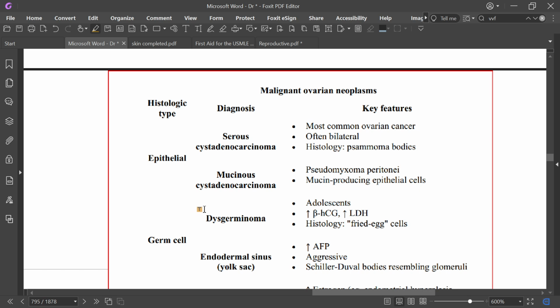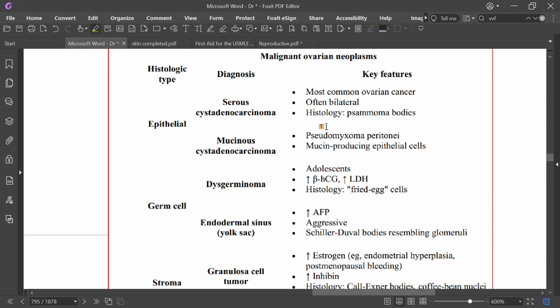Serous cystadenocarcinoma is the most common ovarian cancer, bilateral, with psammoma bodies. Mucinous cystadenocarcinoma causes pseudomyxoma peritonei, and mucin producing epithelial cells are present. Dysgerminoma has increased LDH, beta hCG, and fried egg appearance.